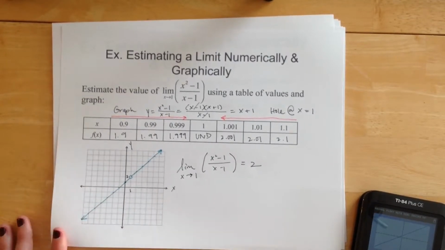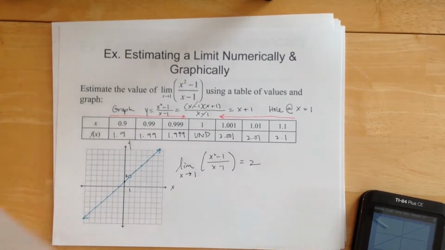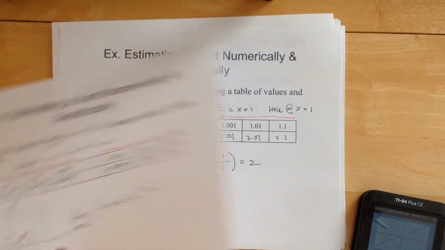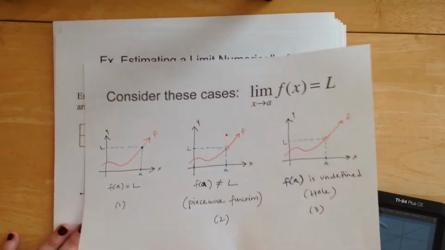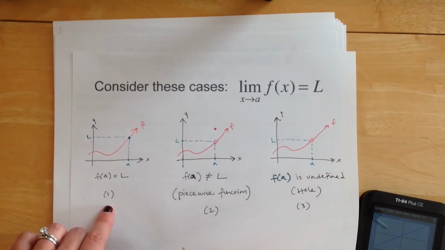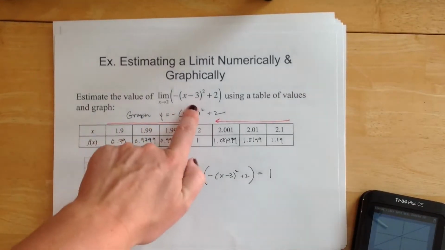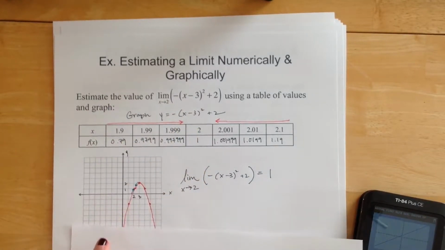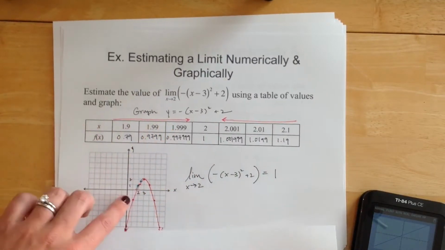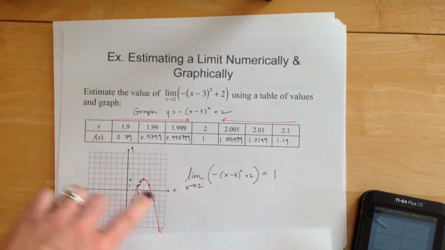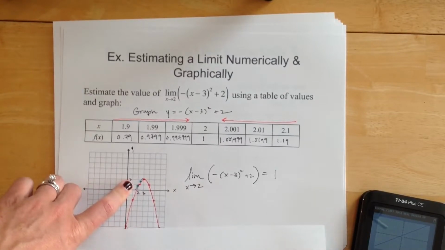Okay. Going back to our chart. The first example that we looked at was an example of the first case of when the limit exists. This is a polynomial function, it's a smooth continuous function, so the limit matches what the function evaluated at x equals 2 is.